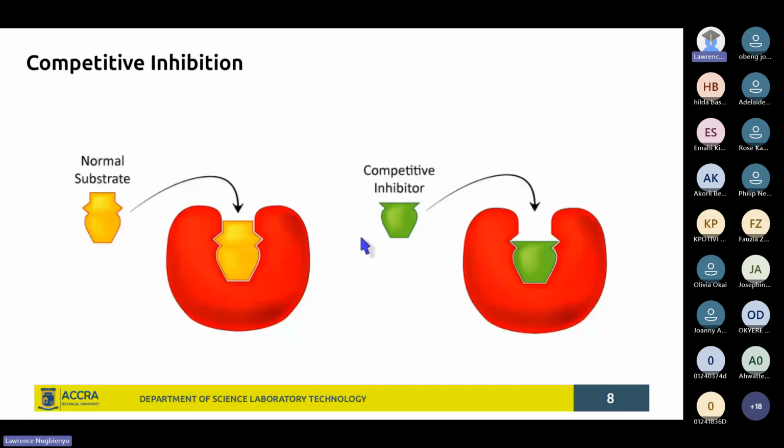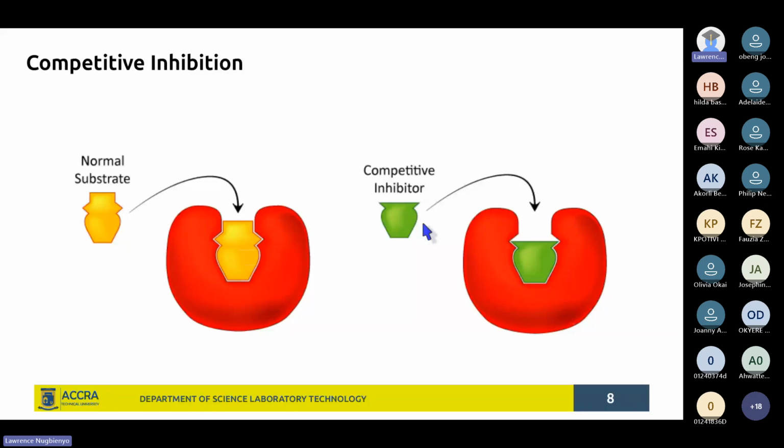Structural in the sense that when you look at, let's say, the chemical structure of these substances and compare them, when we go ahead, we'll look at this much more clearly. If you take a normal substrate and an inhibitor and look at them, you see there's a resemblance in their structure.